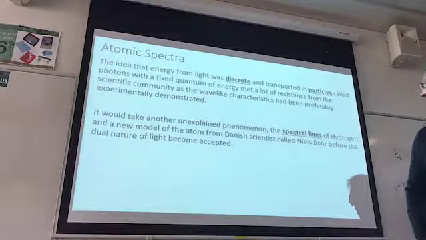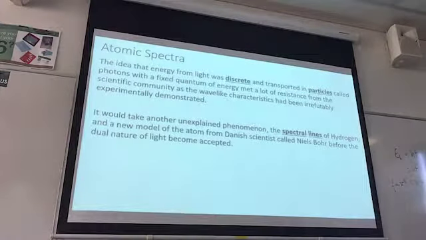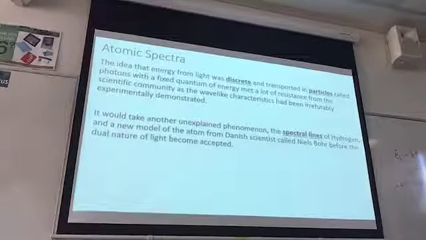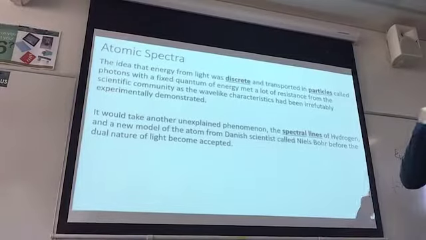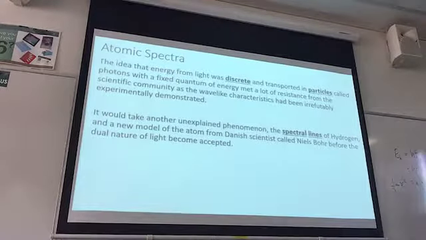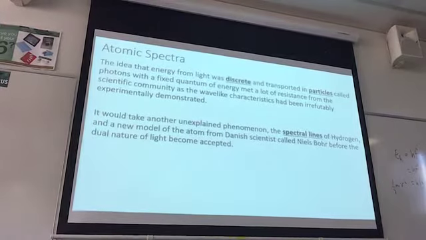All right, so the atomic spectrum, or atomic spectra. We could see from that video that light is made up of discrete particles, which we call photons, and each photon has a discrete fixed amount of energy.